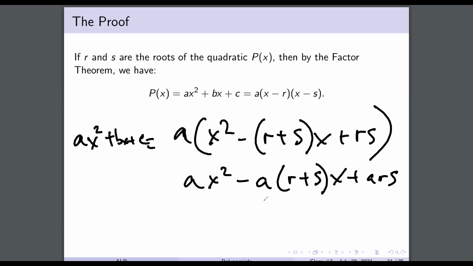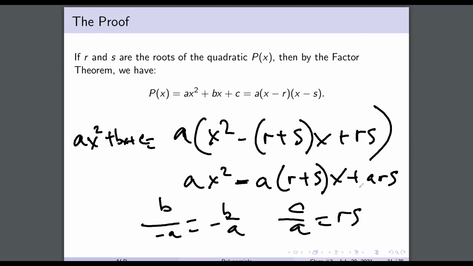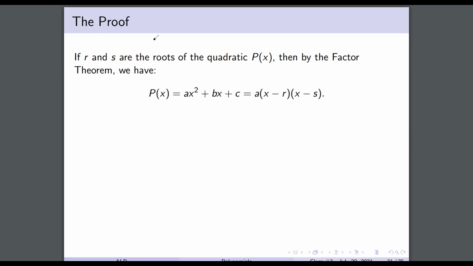So the sum is just this term divided by negative a, so it would be b over negative a, which equals negative b over a. And the product is just c divided by a. So thus we have proven and we are done.